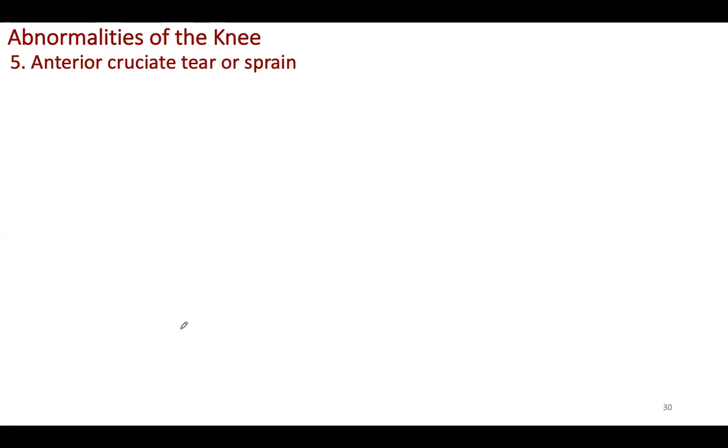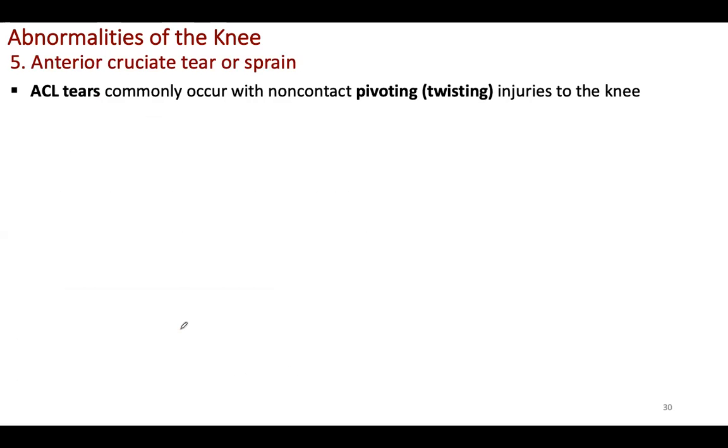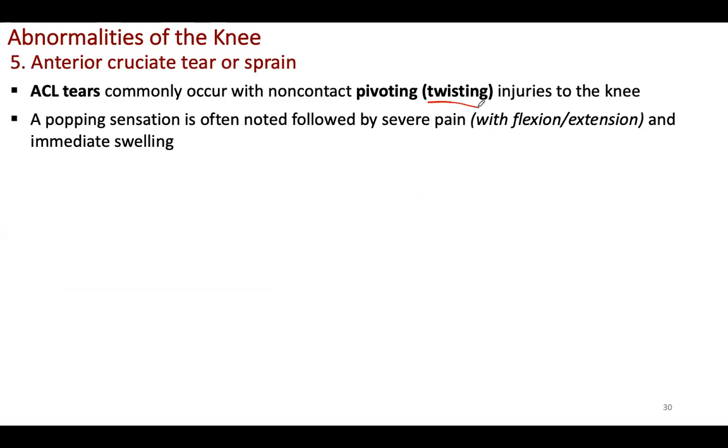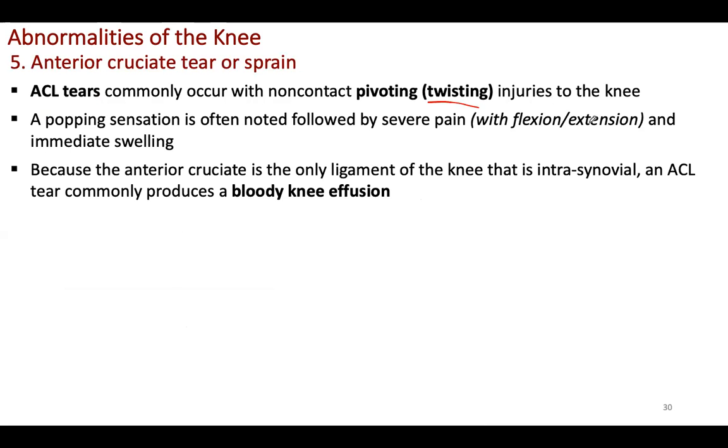Anterior cruciate tear or sprain, the most important knee injury, and I really have to run now. ACL tears commonly occur with contact or non-contact pivoting or twisting injuries of the knee. A popping sensation is often noted, followed by severe pain, because the anterior cruciate is the only ligament of the knee that is intrasynovial, inside the cavity.